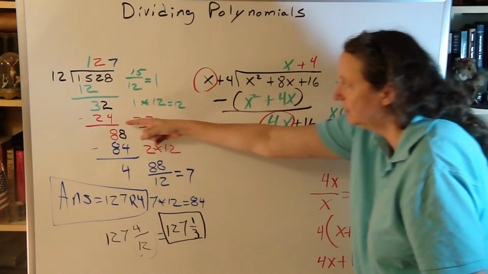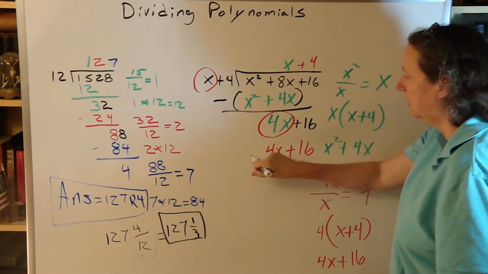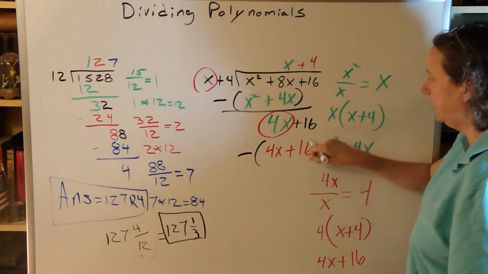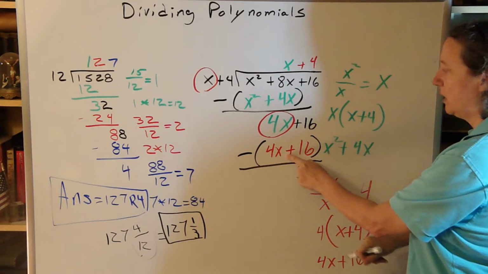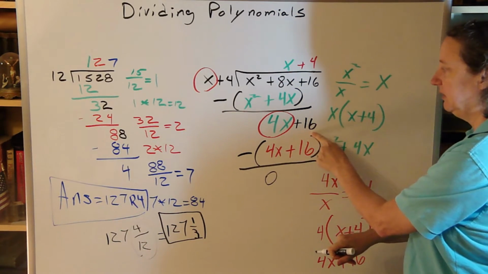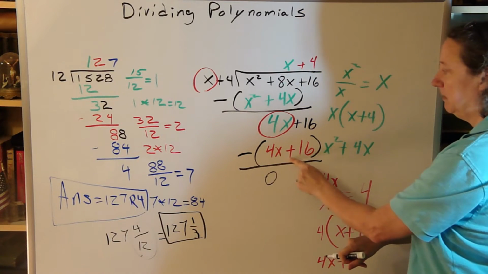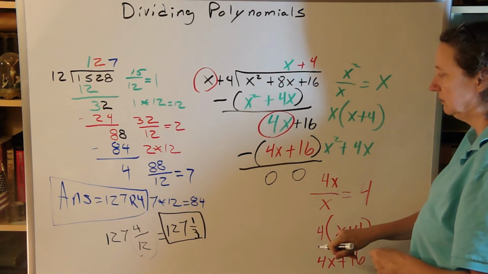And then just like I did over here, I am subtracting that. So I'm just subtracting the whole thing. I have 4x minus 4x gives me 0. I have positive 16 minus positive 16, which also gives me 0.